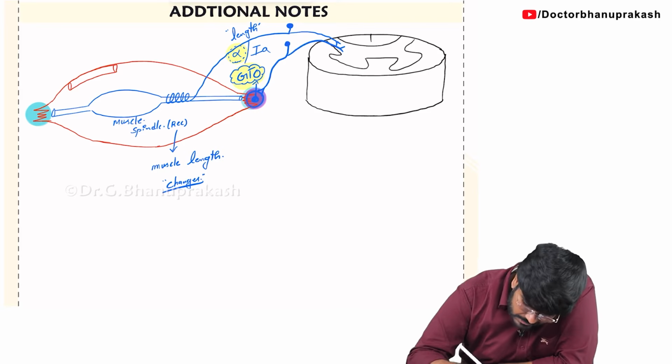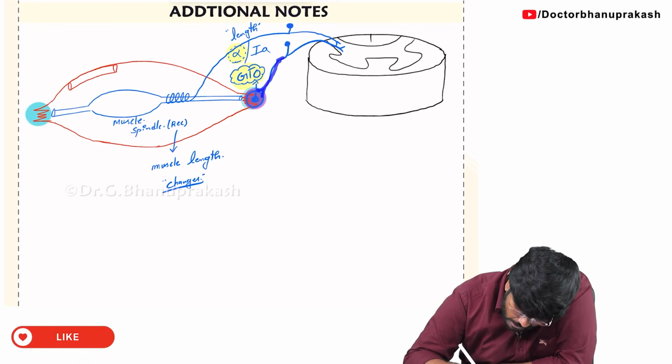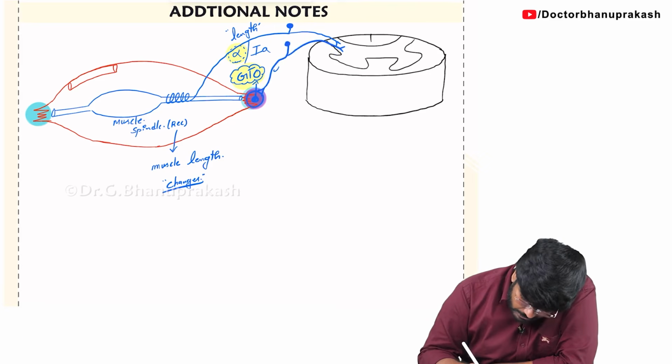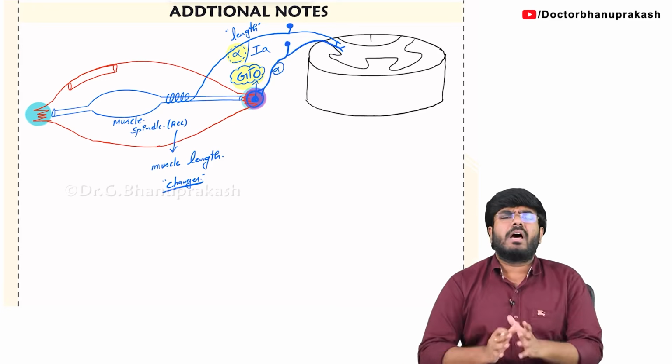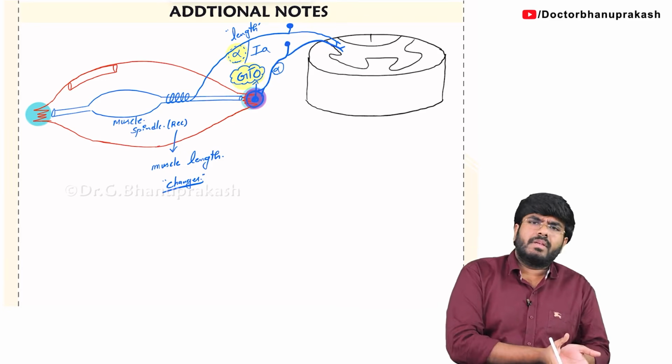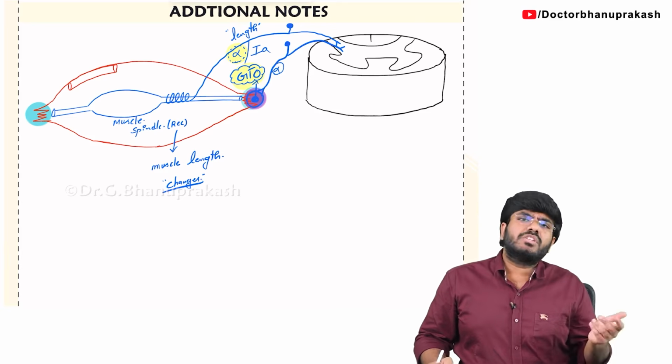Now this neuron, based on its size, its conduction velocity, and its myelination, is also alpha. What does alpha mean? Alpha is nothing but the A type of neuron with high myelination and high conduction velocity.